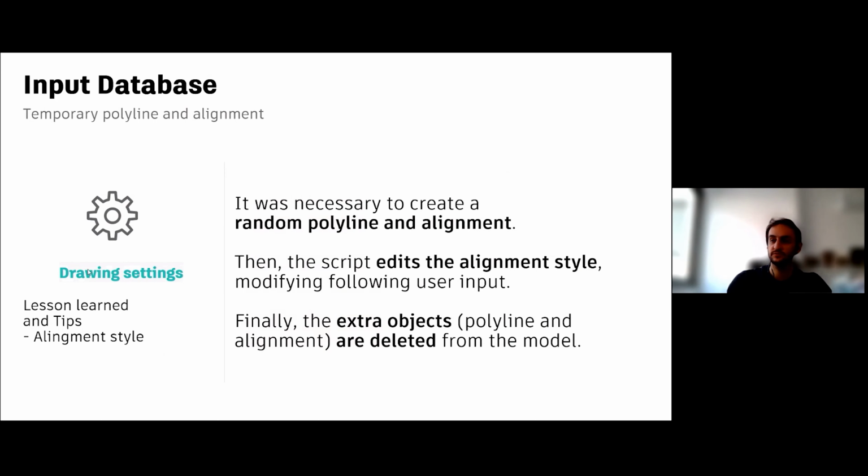Also, as a lesson learned from this script, we observed that it was necessary to create a random polyline and alignment during the process in order to create the drawing styles. These temporary objects are created at the beginning of the script, and at the end of the script, these objects are deleted, removed from the model, but the styles remain in the model database.